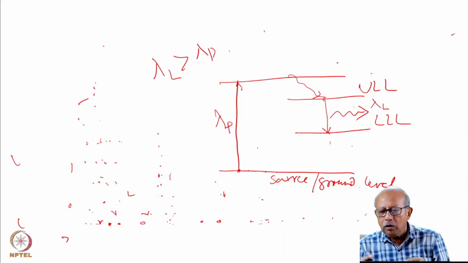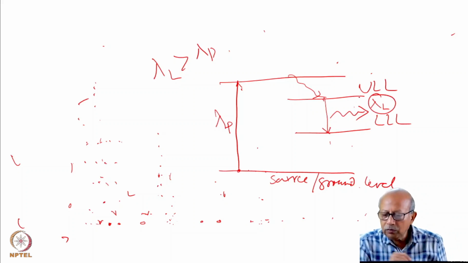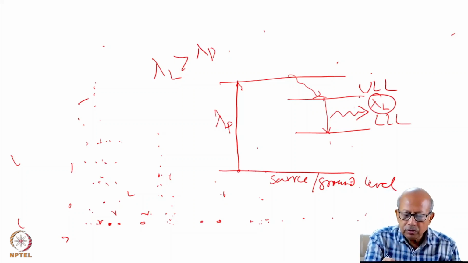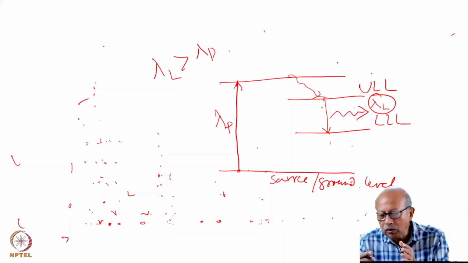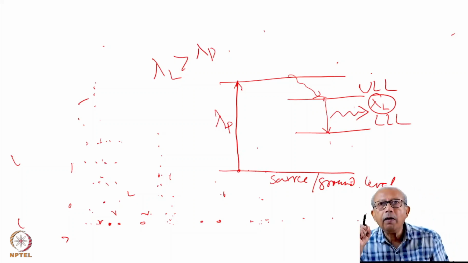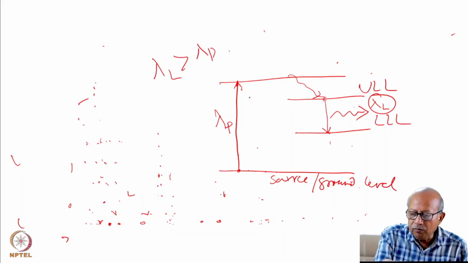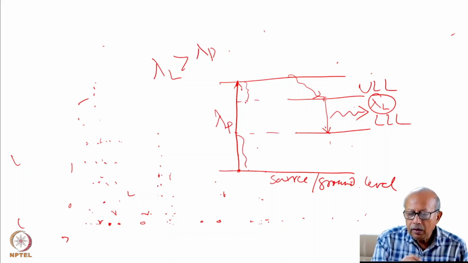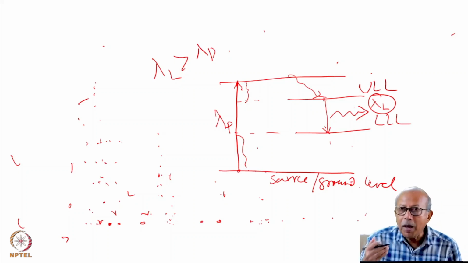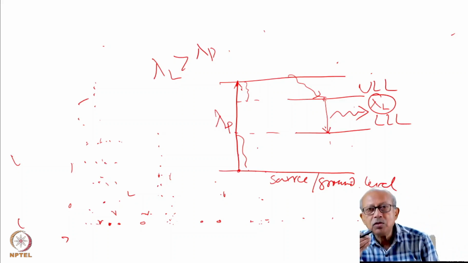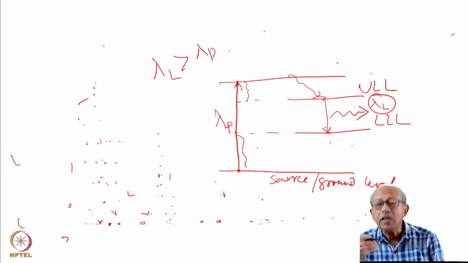Now see, to generate one photon, you have spent an energy which is more than what the photon actually has. So this difference of energy, that means this minus this, which is essentially this much energy, stays back in the system, and it is eventually dissipated as heat.